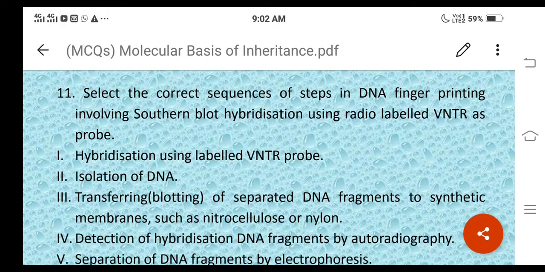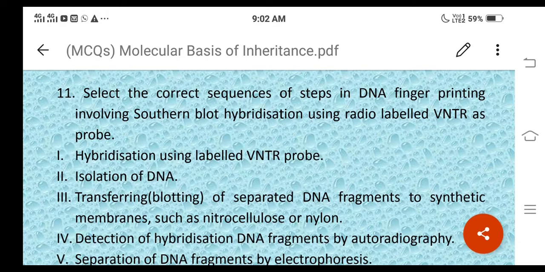Different statements are there. Hybridization using labeled VNTR probe. The next one is isolation of DNA. Then the third statement is transferring or blotting of separated DNA fragments to synthetic membranes such as nitrocellulose or nylon. Then the fourth one is detection of hybridization of DNA fragments by autoradiography.